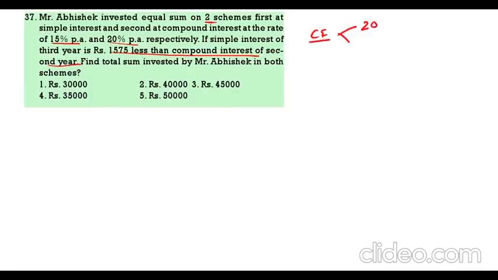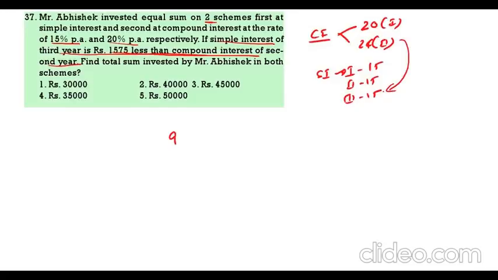Total 44 means first year it will be 20, second year it will be 24. Simple interest is common for every year at 15%. So first year 15, second year also 15, third year also 15. Now what is given? The simple interest at third year is 1575 less than the compound interest at second year. So 24 minus 15, that is 9 parts, is given as 1575.